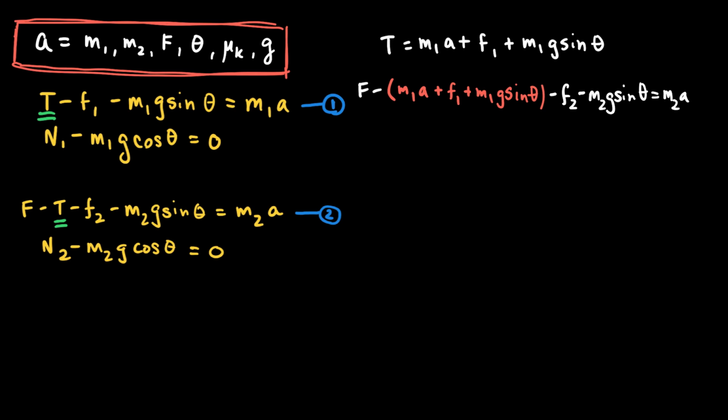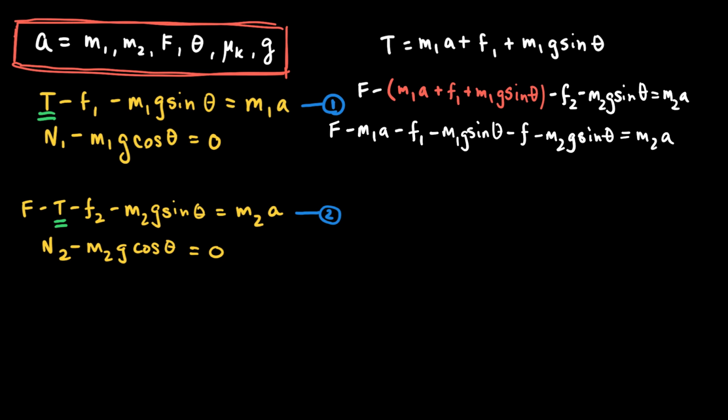Notice how there's a minus sign in front of the tension force there, so that minus sign needs to be distributed to every term. So really what I have is F minus m1a minus F1 minus m1g sine theta minus F2 minus m2g sine theta equals m2 times a.